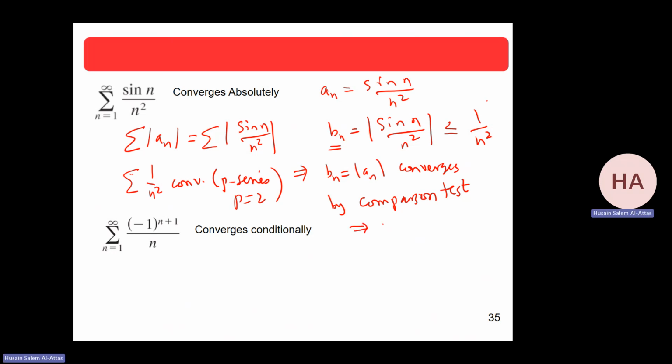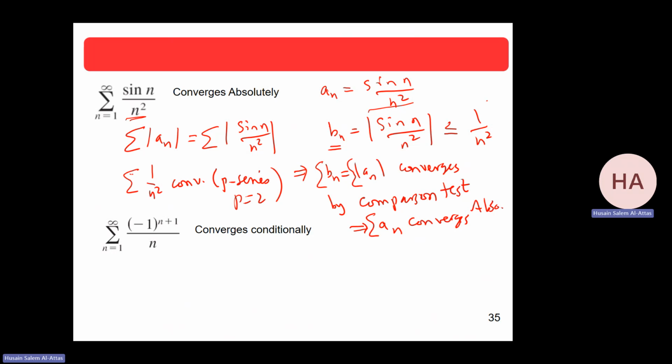So the a_n series converges absolutely. So instead of checking this, I check the absolute value, and we notice it converges by the comparison test. So the original series, for sure, will converge absolutely.